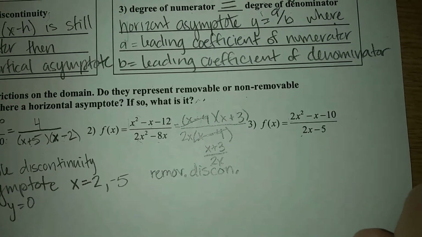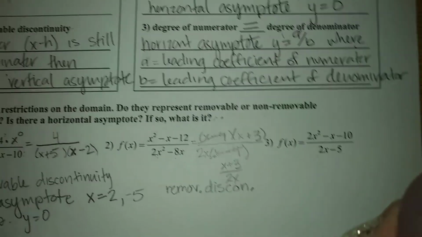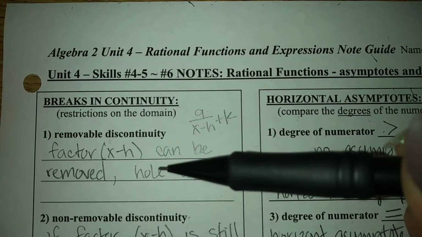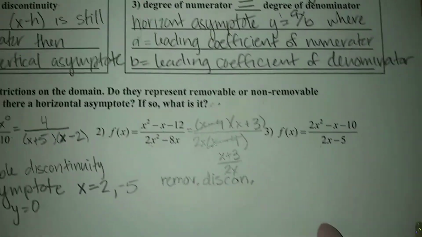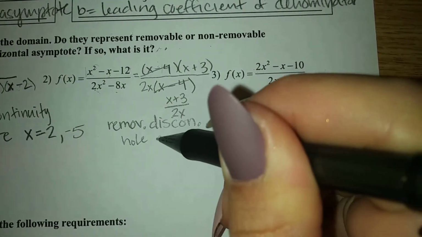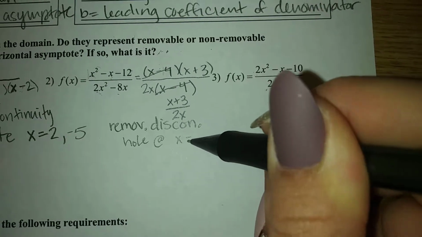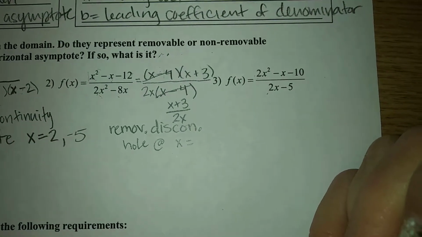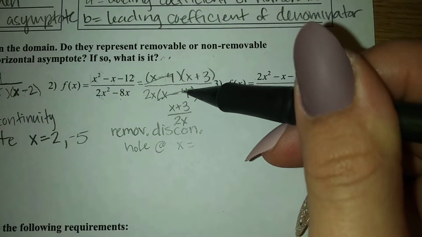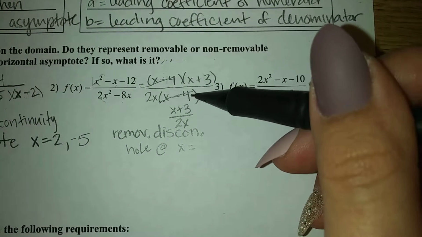So instead of having a vertical asymptote, when I have removable discontinuity, I will have a hole in my graph. So I'll say hole at x equals... my x minus h was x minus 4.